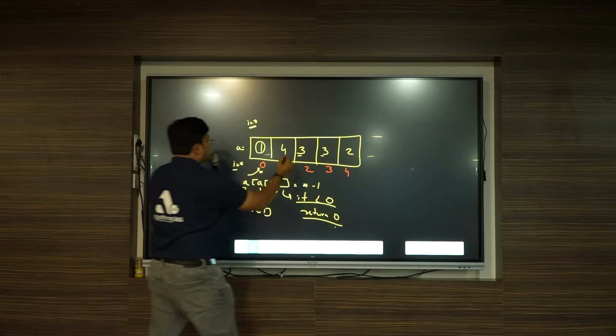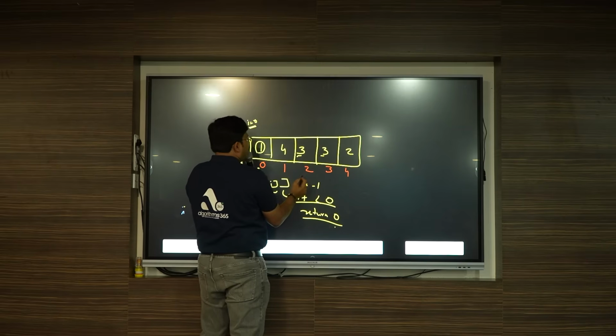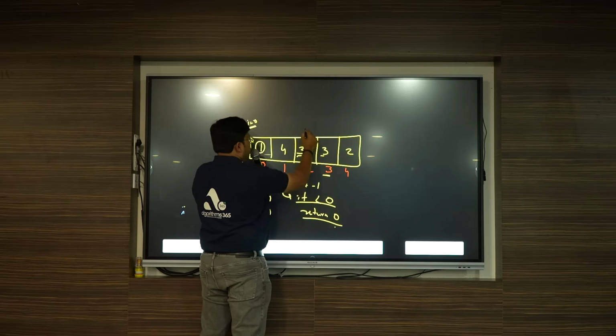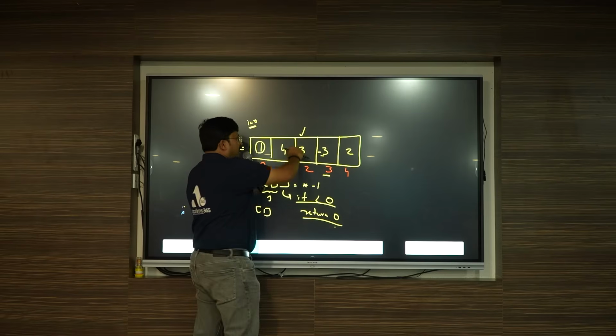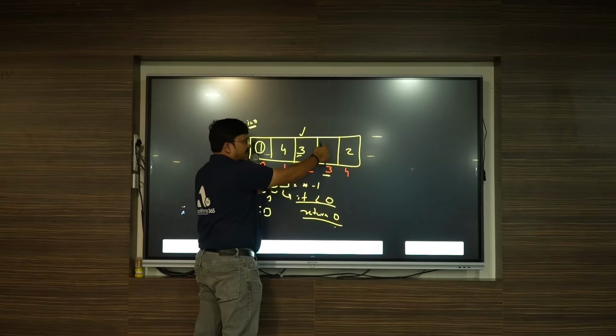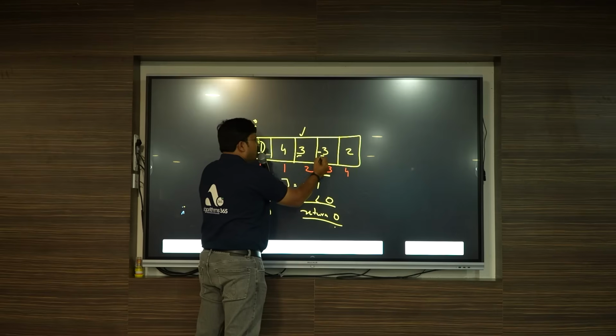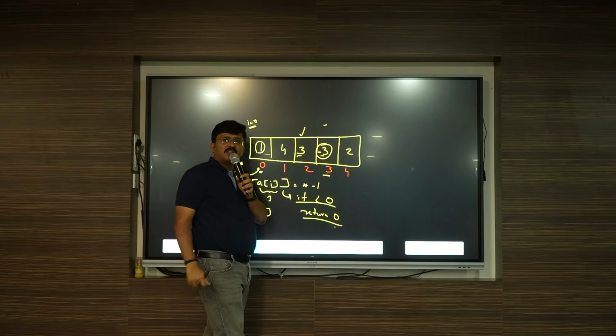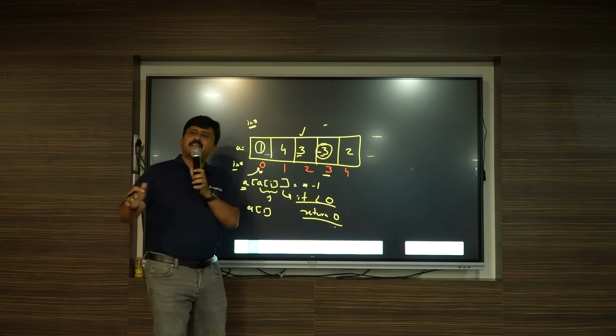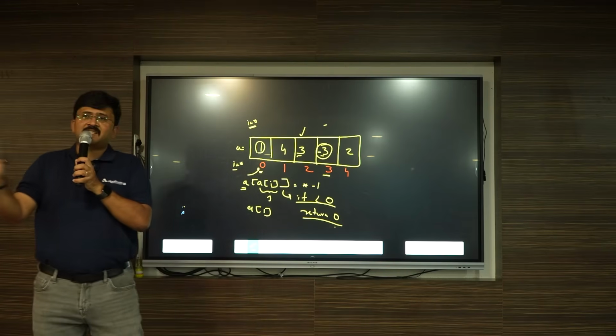So for this 3 and 3, when you encounter the first 3, this will become negative. When you encounter the second element whose value is 3, before you convert it to negative, you will see that it is already negative. So you will say that this is a duplicate. We are not asking which one is duplicate, how many duplicates, nothing.